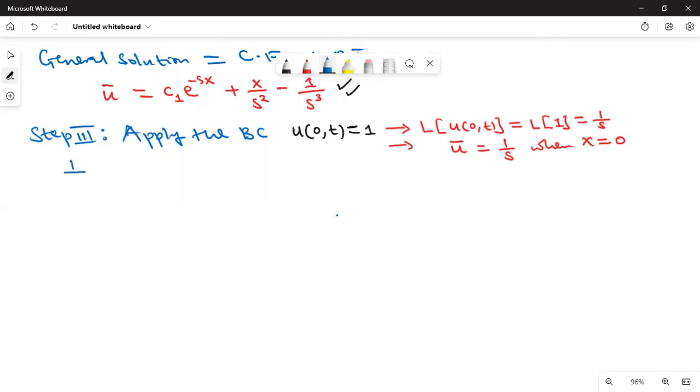We're going to get 1 over s is equal to C1. Anything raised to 0 is 1. So then minus 1 over s cubed. Remember, we are putting x equals 0 and u bar equals 1 over s. So from here it is now clear that our C1 is equal to 1 over s plus 1 over s cubed. This should be cubed, that one.